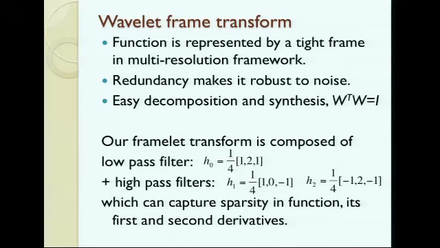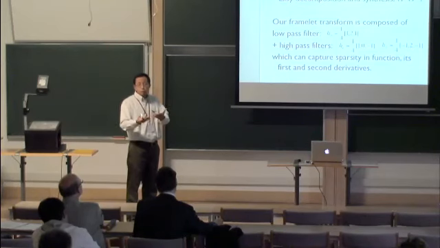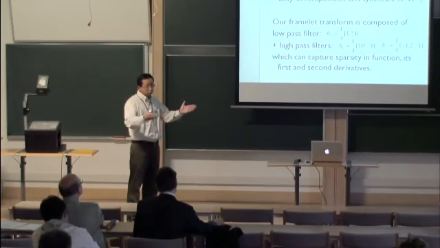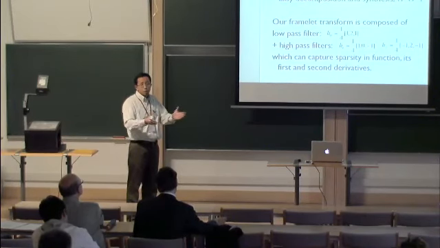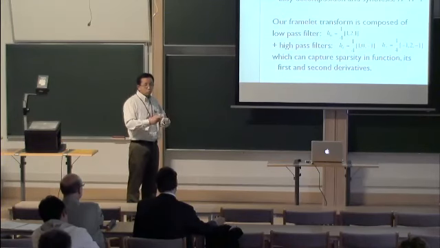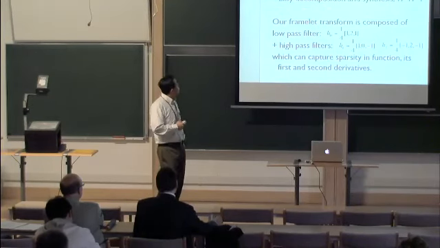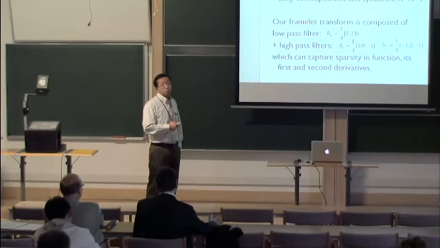Redundancy is very important when you have missing information or noise because it's very robust. If one of the coefficients of the orthogonal basis is lost, there's no way you can recover it. But if you have redundancy, even if you corrupt or lose some of them, you can still recover it. It also has very easy decomposition and synthesis operations.